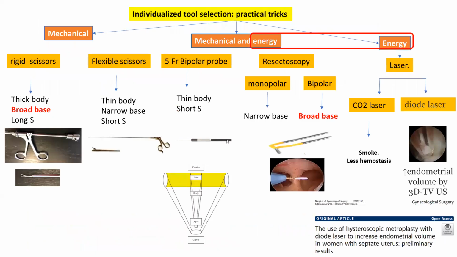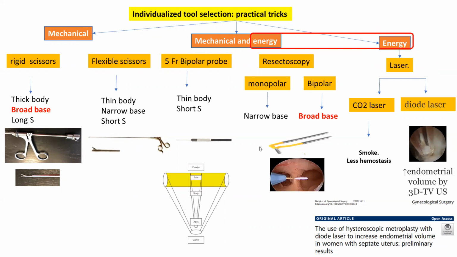But here in this figure, to be practical, not to follow studies in a strict way, I need you to be practical and to put in mind the advantages and disadvantages of each tool. Don't forget that we have a base, body, and apex: base, broad or narrow; body, thick or thin; apex, complete or incomplete. So we have mechanical tools, we have mechanical and energy, and we have energy.